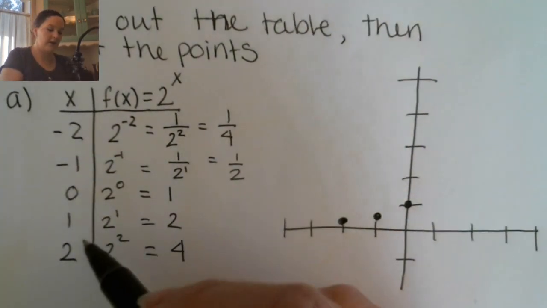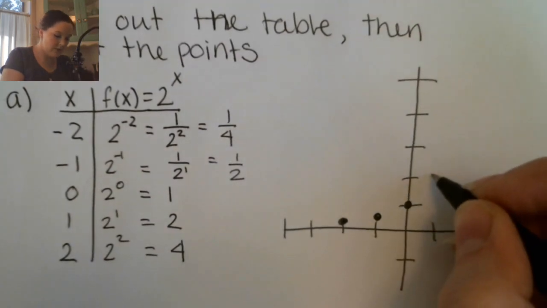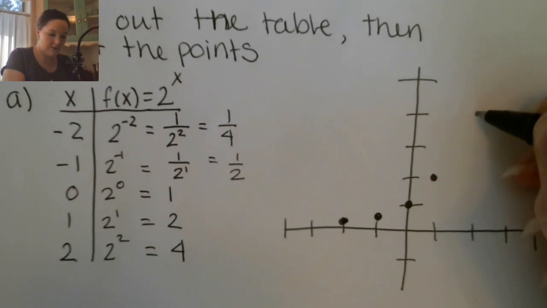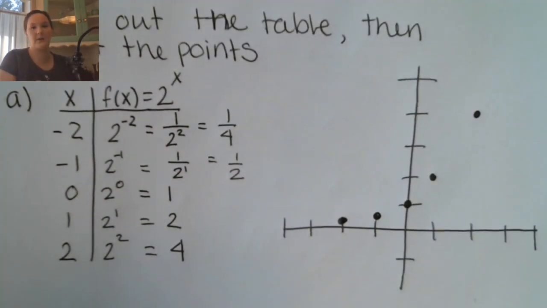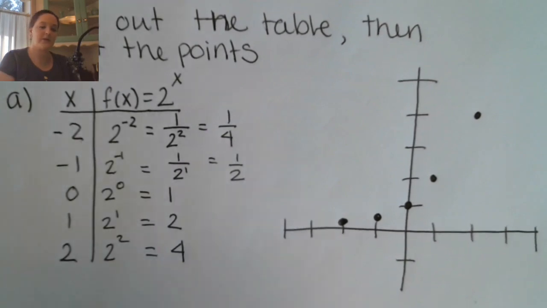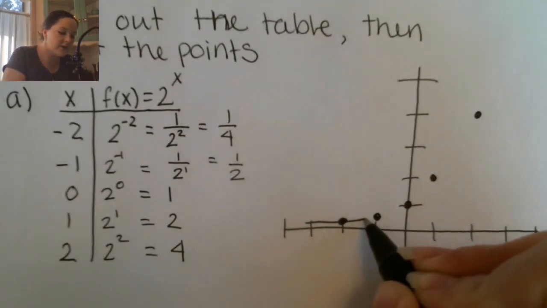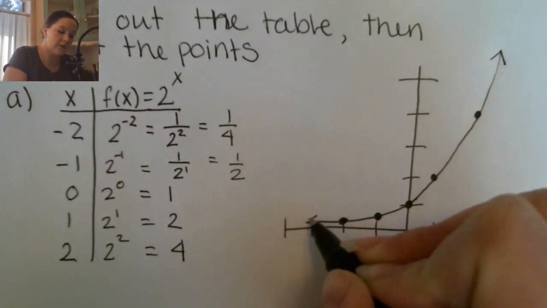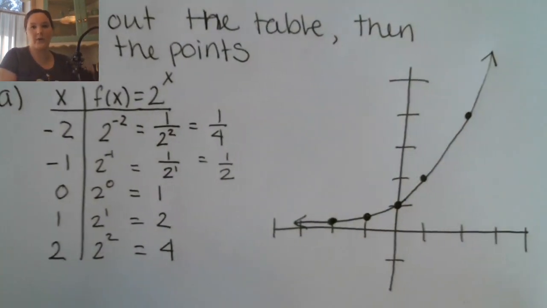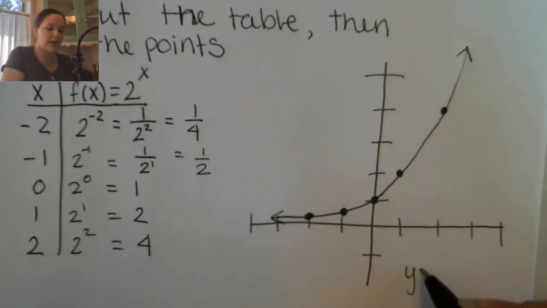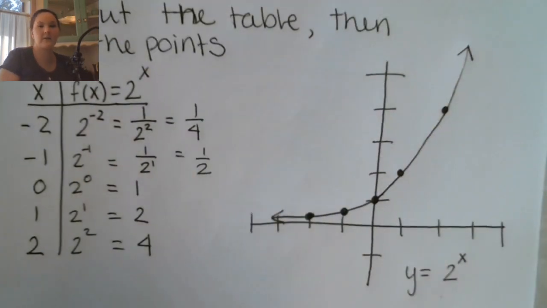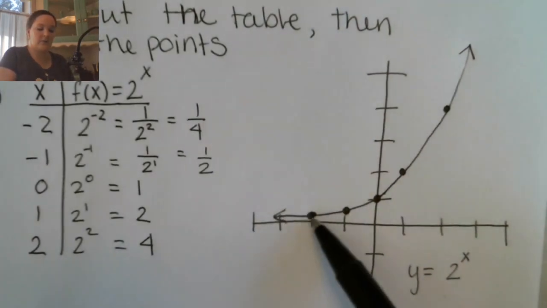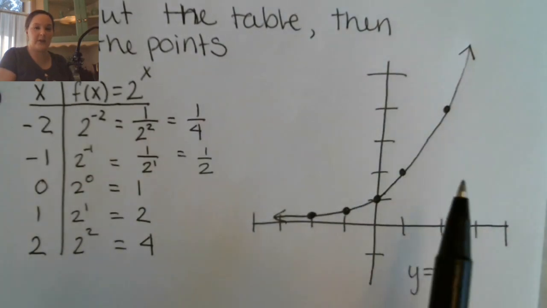We're going to have 1, 2. And then 2, 4. So you can see what those points look like, and we're going to connect those smoothly. This would be one of our base graphs, the graph y equals 2 to the x. You can see this is exponential growth, right? It's increasing as you go from left to right.